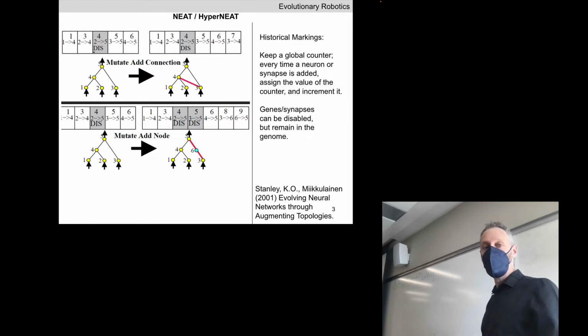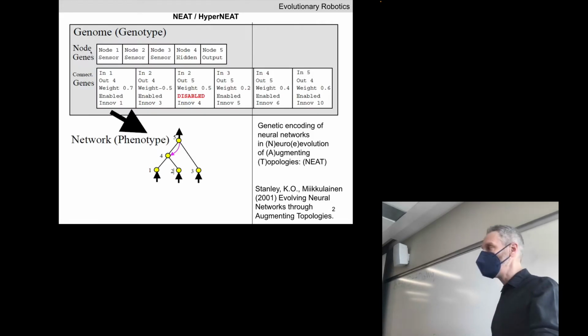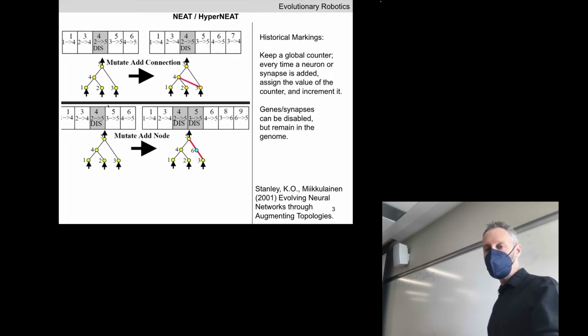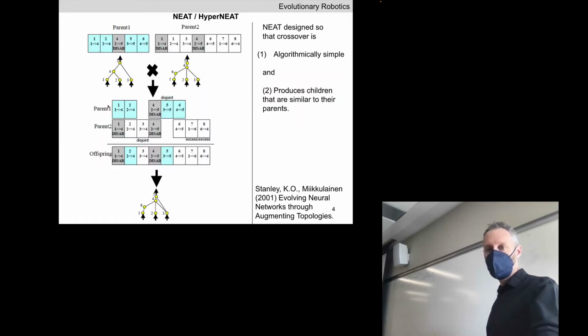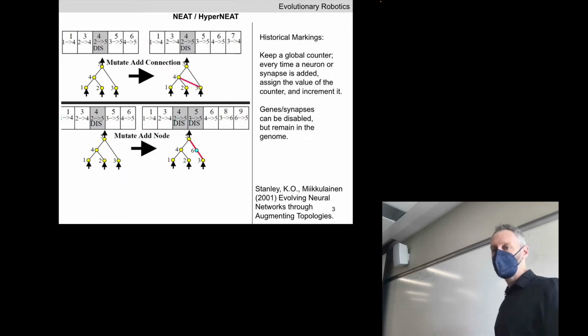Okay, so we talked about the genetic encoding for NEAT last time. Each genotype is a pair of lists. One list denotes all the neurons and all their properties. The second list denotes all the synapses and all their properties. And you'll notice that the synapses have associated with them this variable here called innovation, which is short for innovation number.